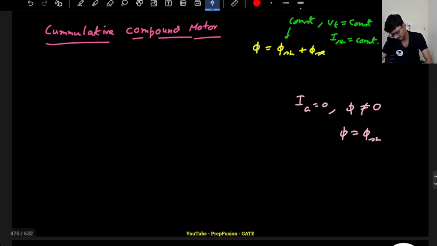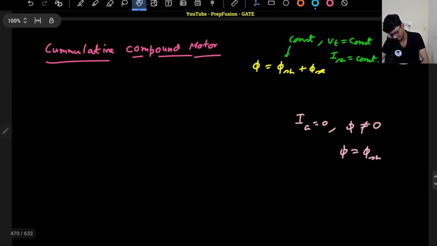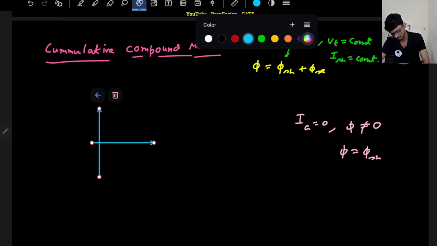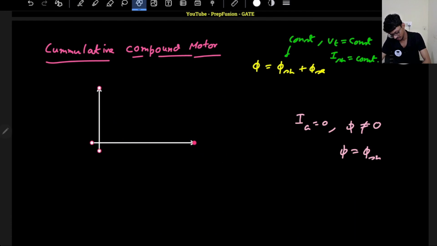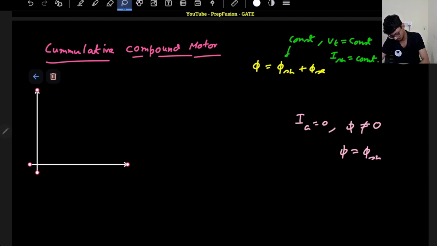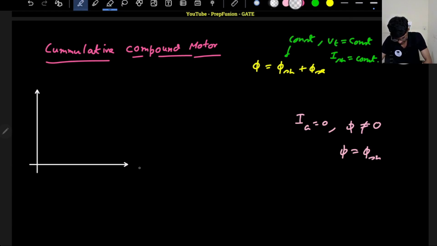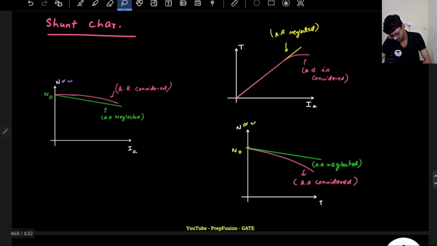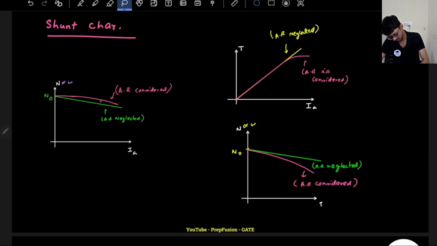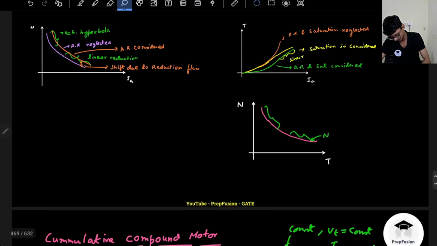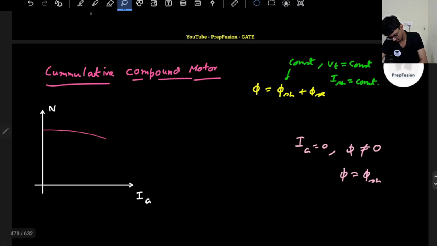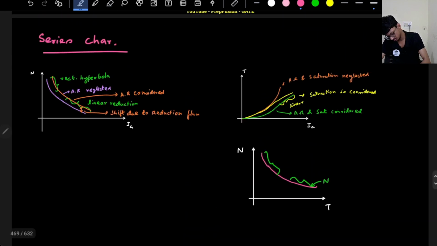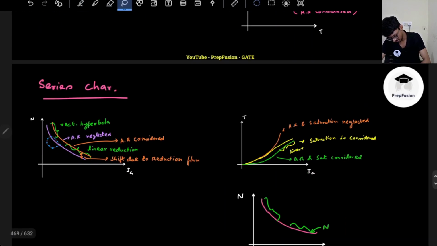So if I want to superimpose my graph, the speed load characteristics, this is Ia, this is N. So this was the case for shunt motor with armature reaction considered, and this was the series motor characteristics.